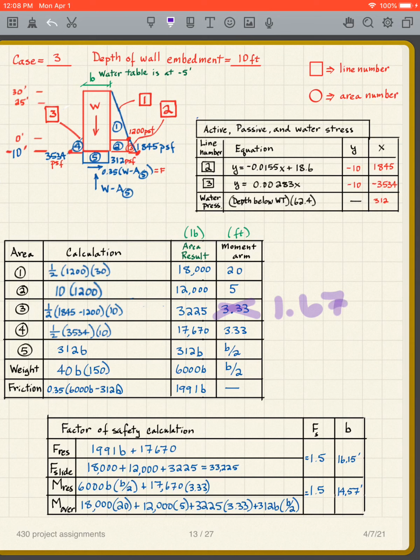And then similarly, this should be... So there's a little mistake here, but you're going to have to redo some of the numbers, but that should be 1.67 there. Oh, sorry, no, it's not. This is actually correct. 3.33, because it's not 1/3 of 5, it's 1/3 of 10. Because this total distance is 10, that's where I got the 5 from. So those numbers are correct. You don't need to redo anything.